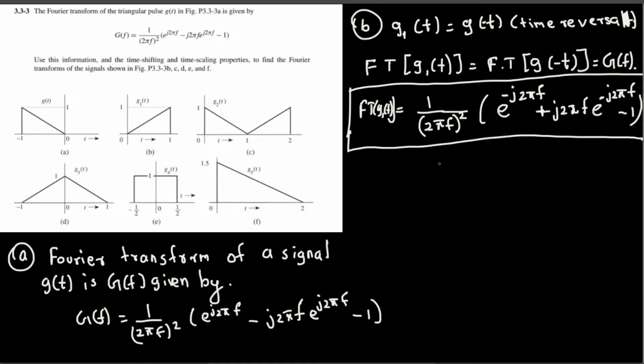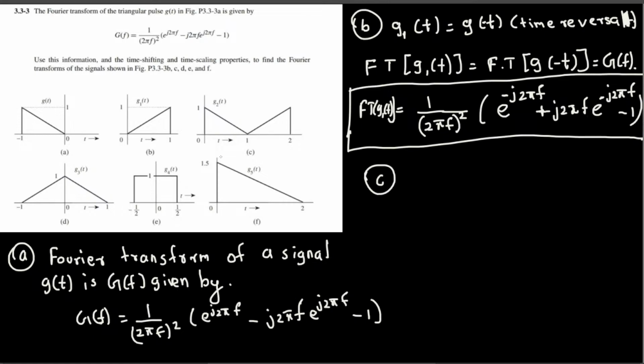And for the c part, if you look at this, if we shift a 1 unit to the right, and b also 1 unit to the right, we will get this shape.